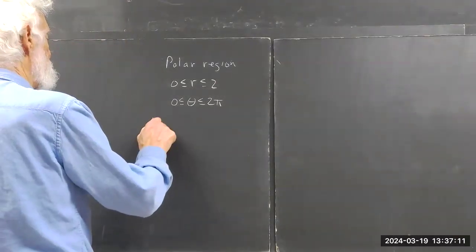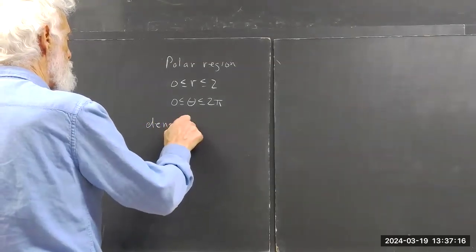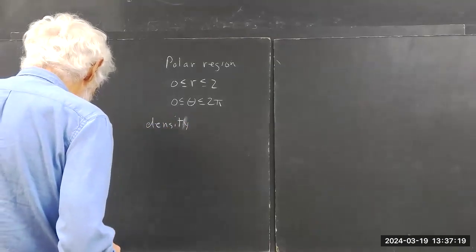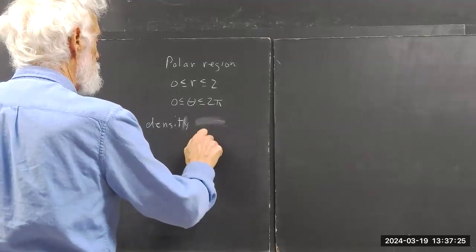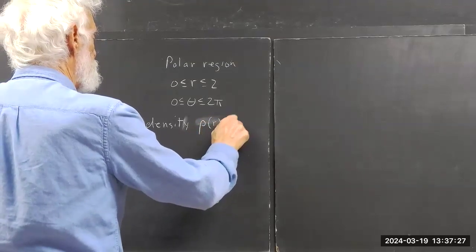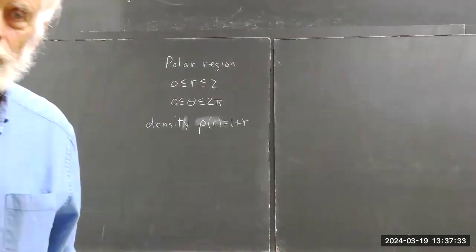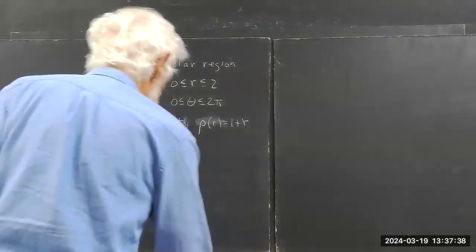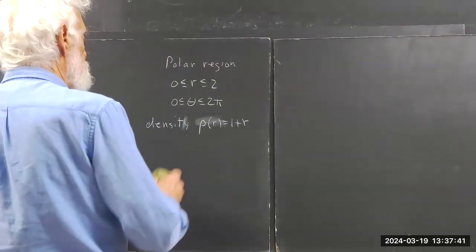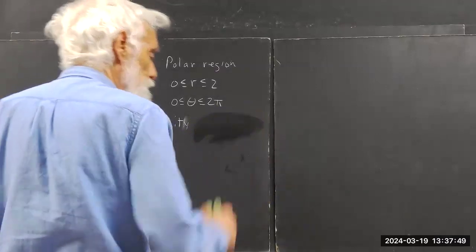Now we want to do density. Density 1 plus r. And this is actually a surface area region, surface density. Usually for a surface density, we wouldn't use rho. We'd say rho for volume densities. And of course, that leads to complications if we're in spherical coordinates, since rho is one of our coordinates.